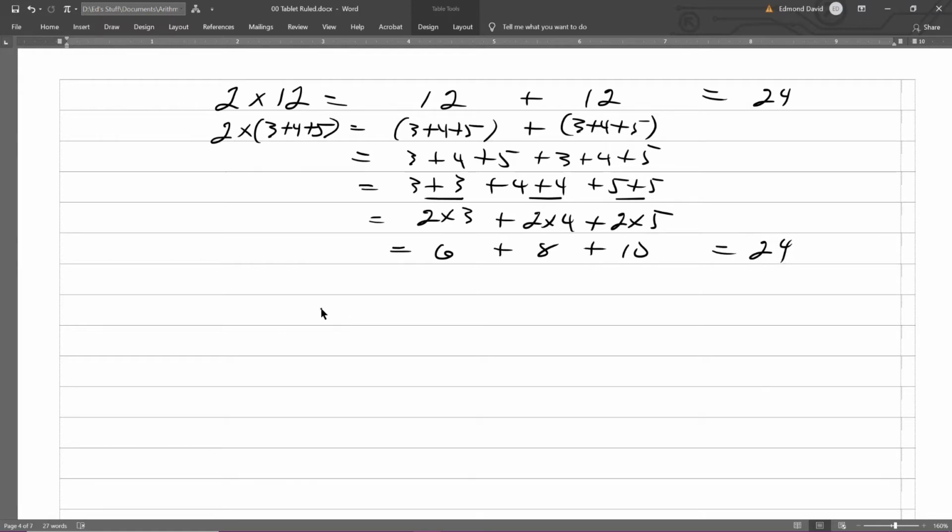So 2 times the group 3 plus 4 plus 5 equals 2 times 3 plus 2 times 4 plus 2 times 5. Multiplication distributes over addition. You can see for yourself, it does not matter how many terms are in the group.